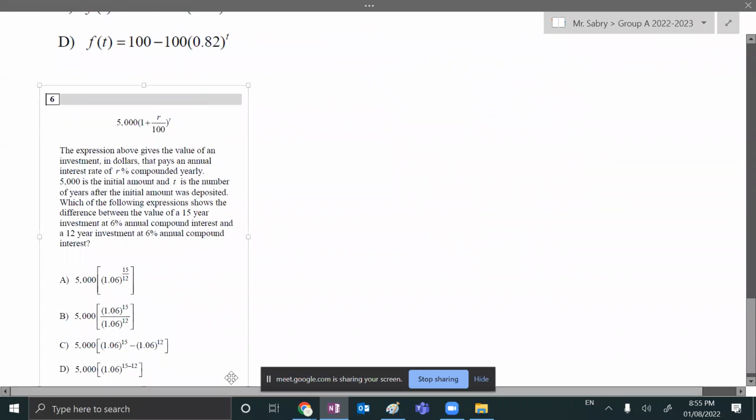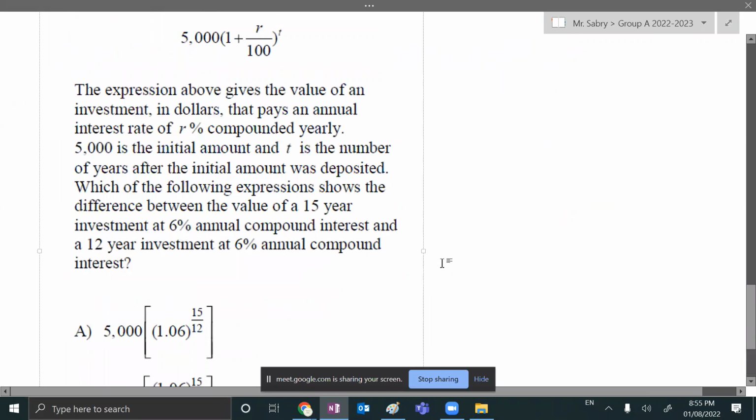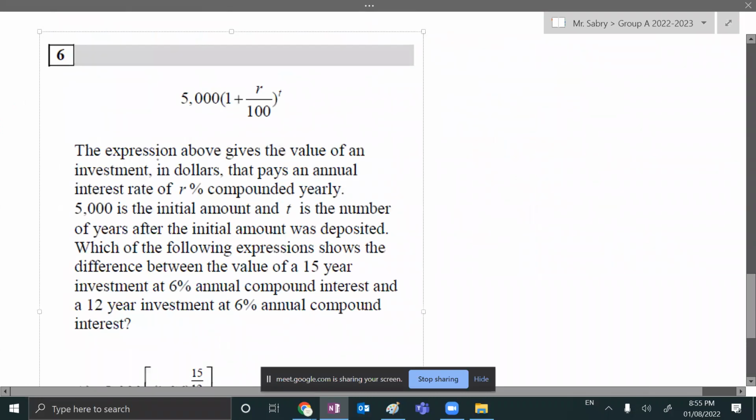Finally, this one. This is the one that I wanted to make sure we cover. They said here, this is a specific expression. It gives the value of an investment that pays an annual interest of R%. So R is the interest rate. 5,000 is the initial amount.